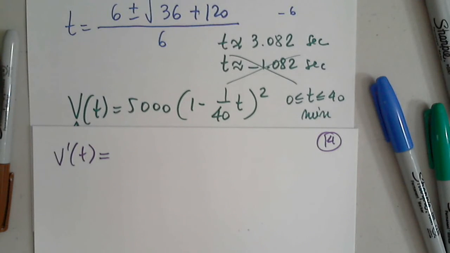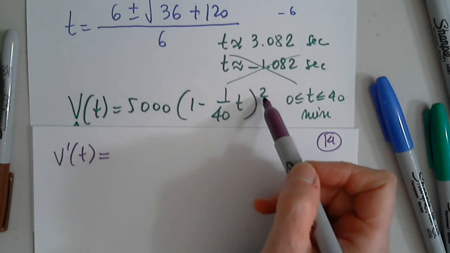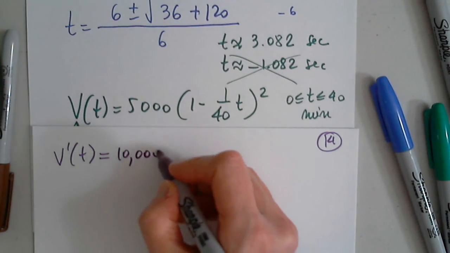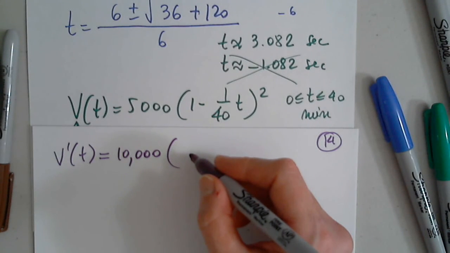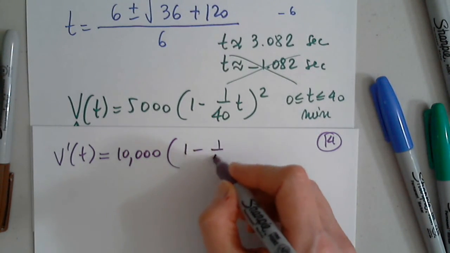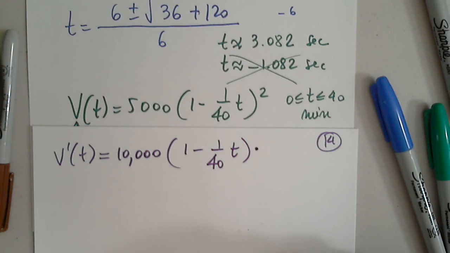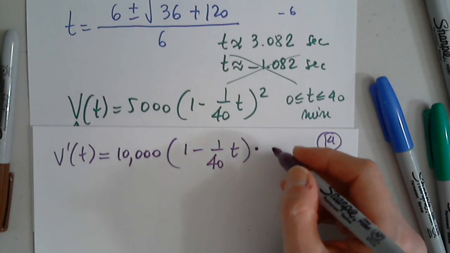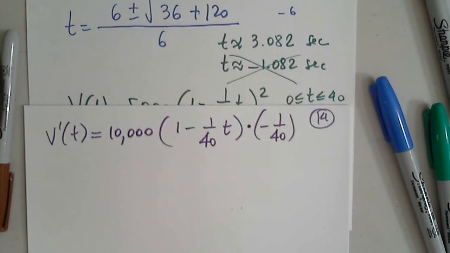Josh? 5,000. You mean 10,000, right? Oh yeah, 10,000. Good. And then? Would be the 1 minus 1/40 t. Times the inner function prime. Negative 1/40. Great job. Thank you.